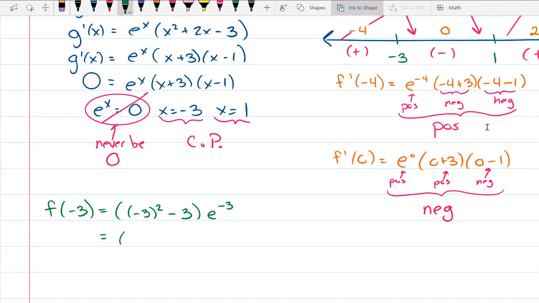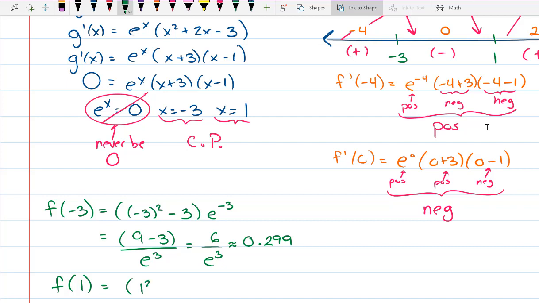This is 9 minus 3 divided by e cubed, which is 6 divided by e cubed, which if you put that into a calculator, you're going to get roughly 0.299.